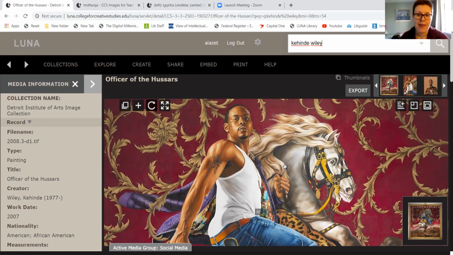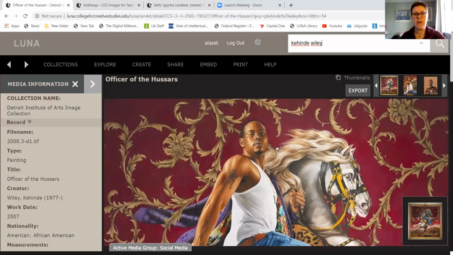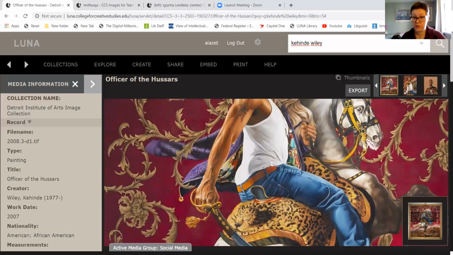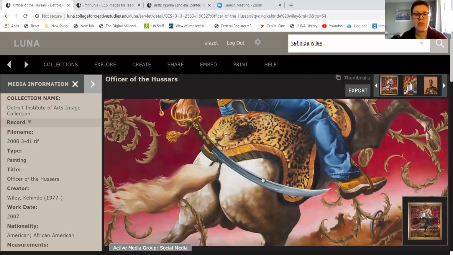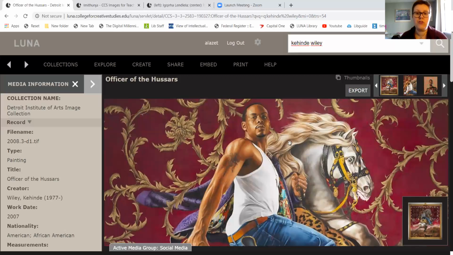So Kehinde Wiley is an African-American artist, and he takes works, masterworks as they were, from the history of art, and he remakes them into contemporary versions.